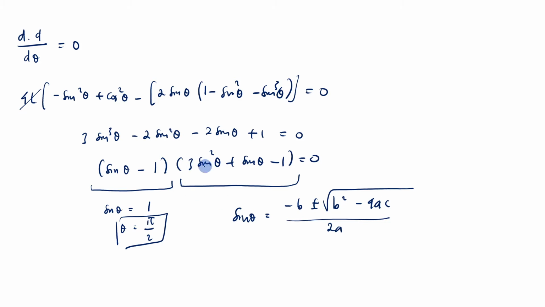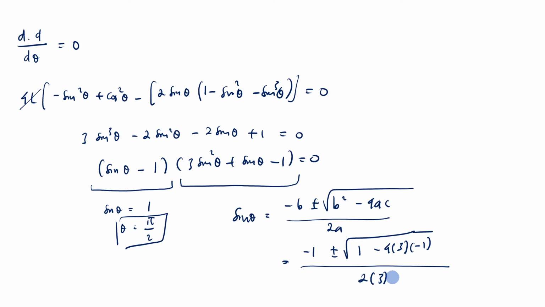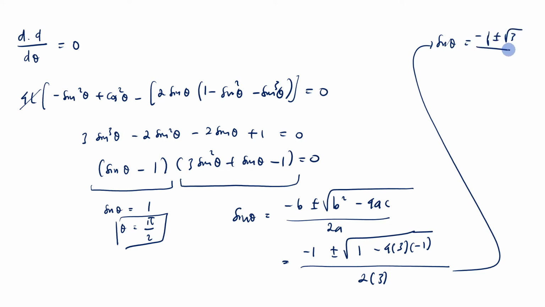Substituting the coefficients, we get minus 1 plus or minus square root of 1 minus 4 times 3 times minus 1, divided by 2 times 3. So sine theta equals minus 1 plus or minus square root of 13 divided by 6. Calculating the numeric value of theta by computer, we get theta equals 25.7 degrees. This is the case when the square root term is positive.